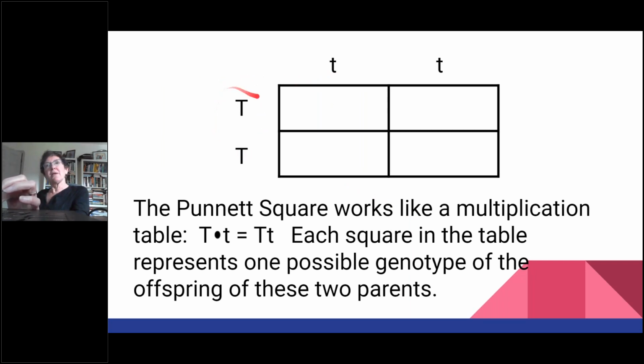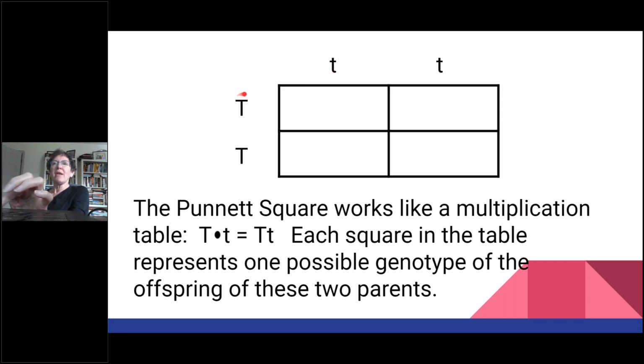Here's the parent that is homozygous for straight thumb, two capital T's. So this side right here represents one parent. This is the parent with the straight thumb. This is the parent with the hitchhiker's thumb, two lowercase t's. This parent has a gene with two t's. That gene is going to split, and one side of that is going to go to the offspring, to the child.